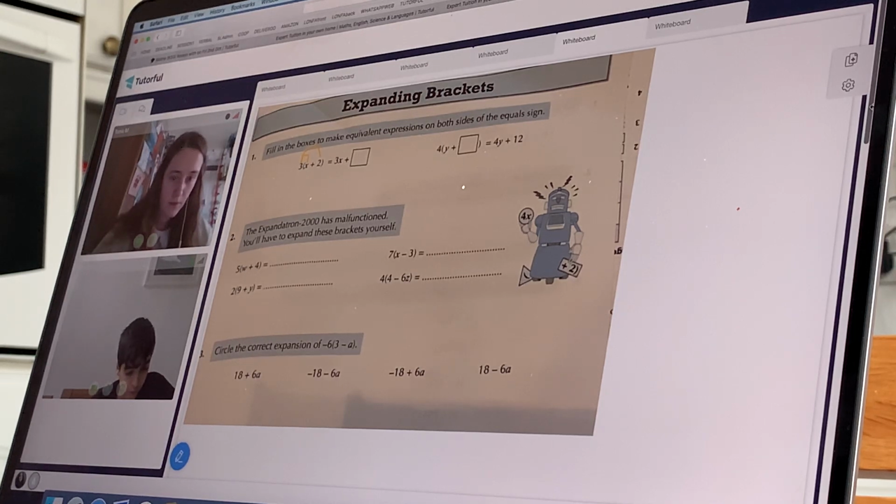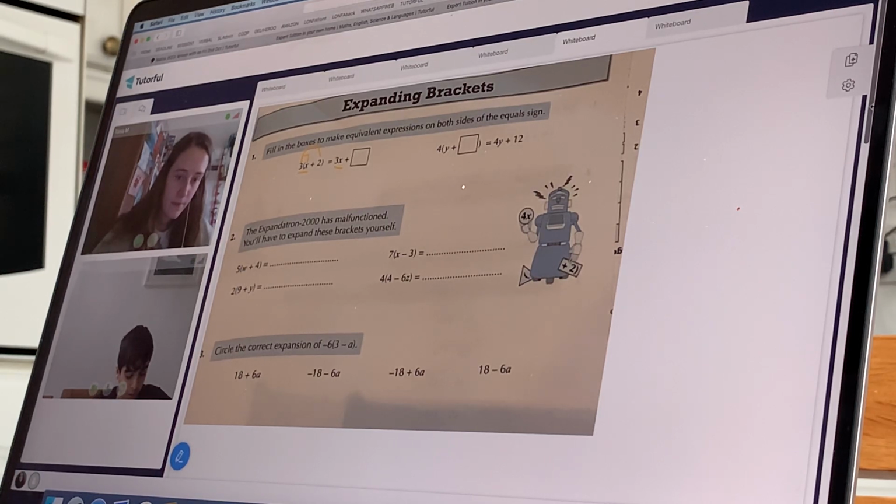So 2 plus 1x will be 3x. So we've got 3 times x is 3x, and then you add 2.